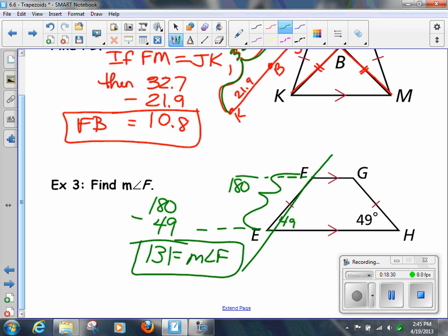Do you see these red congruent marks pointing down to angles E and H? That means those two angles are congruent. That will help you. That's a good trick.